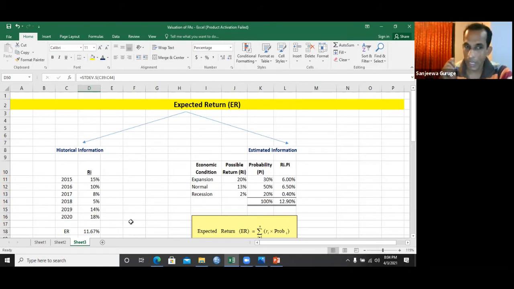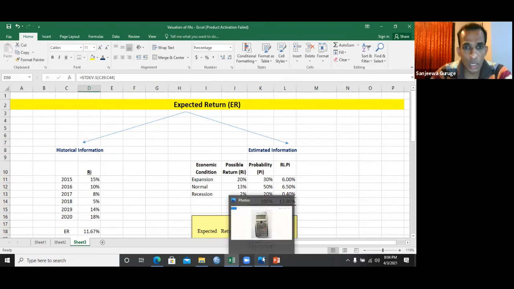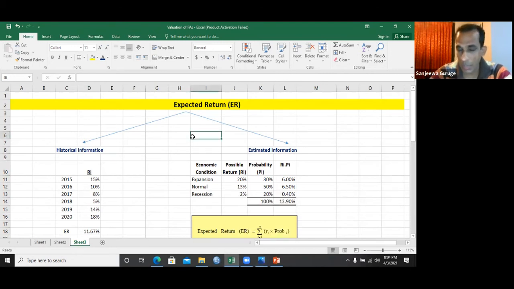And after that, we can insert data and get the results. So we'll discuss the steps to calculate the expected return and standard deviation using your financial calculator also, right? I think it's better to take a break now. We'll take a break, and after that, we'll discuss how to do this calculation using the financial calculator.